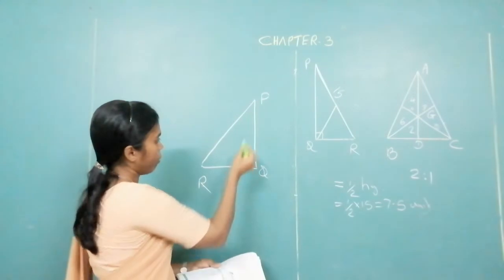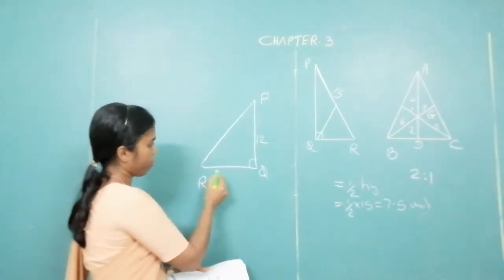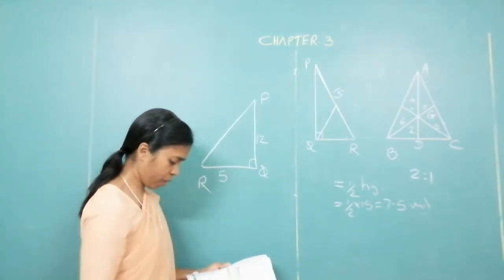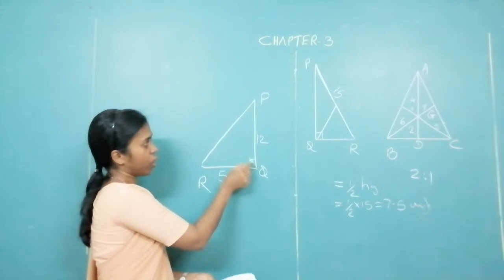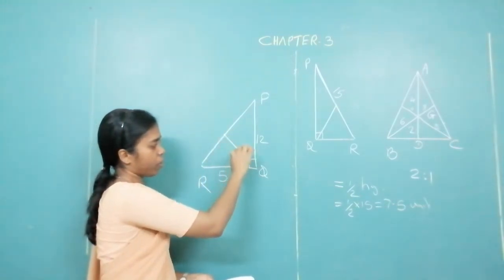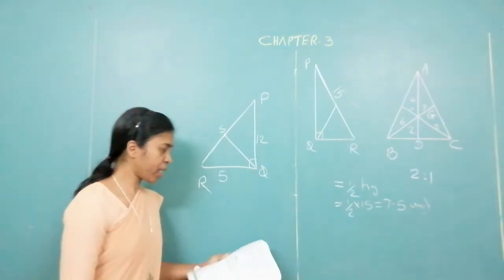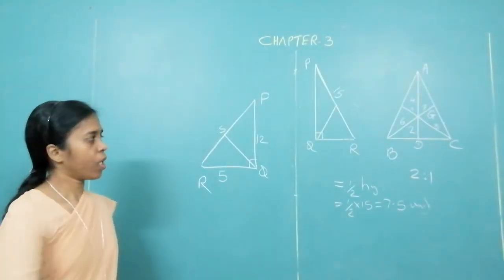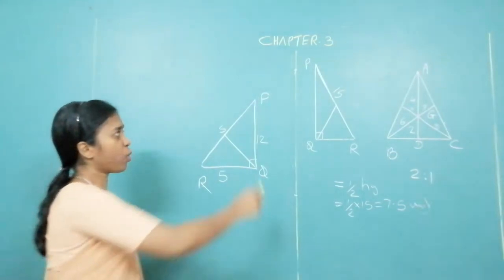PQ is 12, QR is 5. QS is the median to the hypotenuse, so this is S. Find the length of QS. You can find the length of the QS median if you know the hypotenuse.